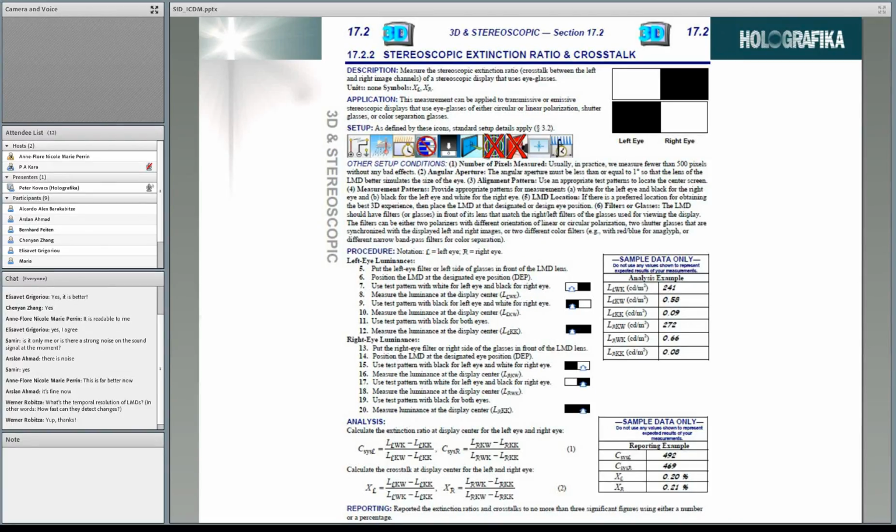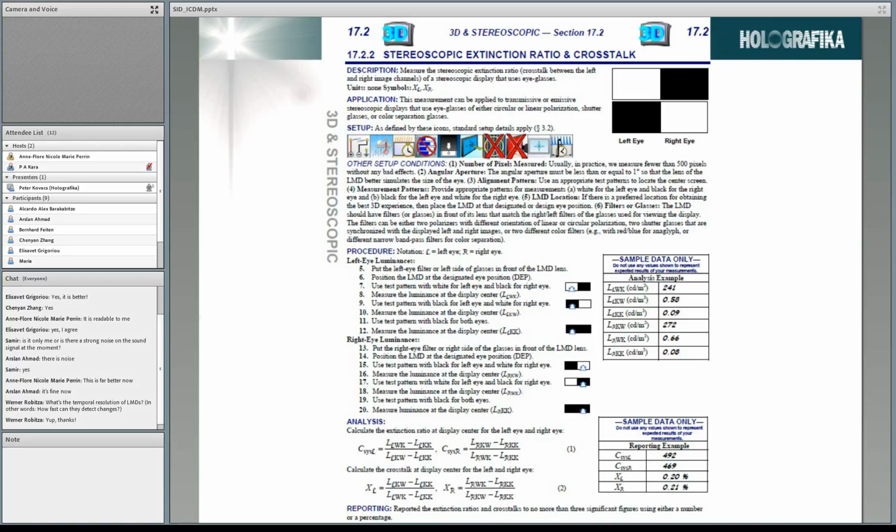It is measuring the level of white intensity when you have a white and a black image, and then it is measuring the black when you have a black and white image, and then again it is measuring black when there is a black and black image.